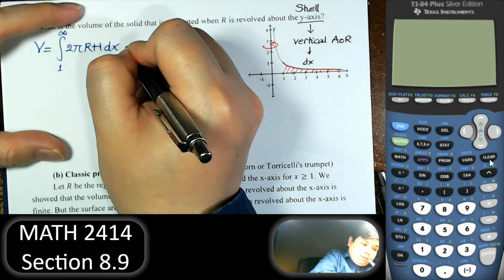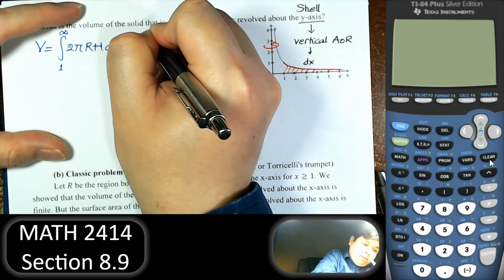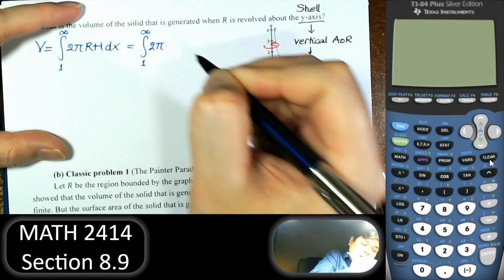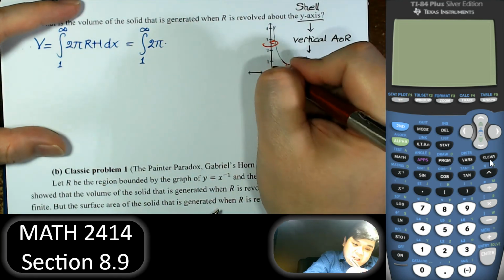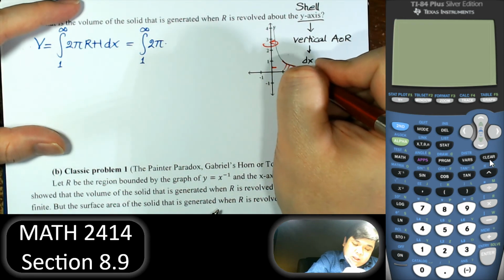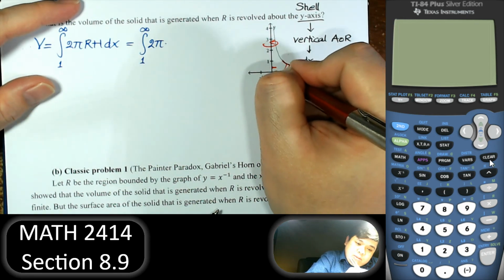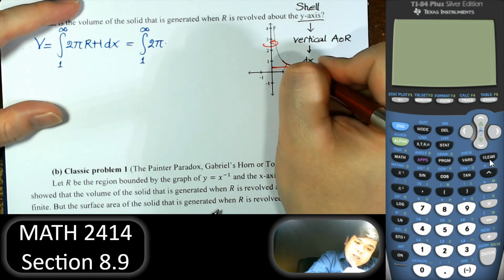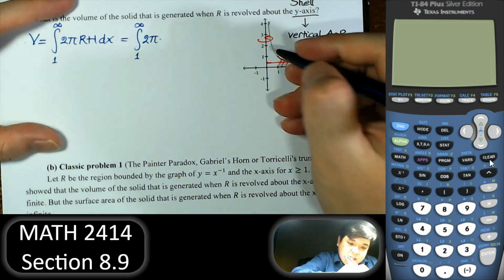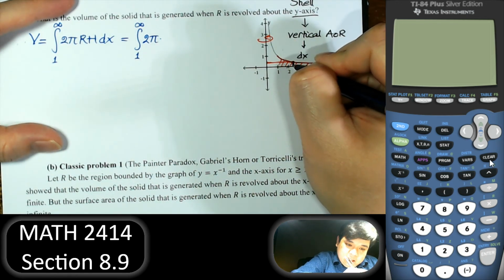Right. The radius is from the axis of rotation to that point, and then the height is just that.